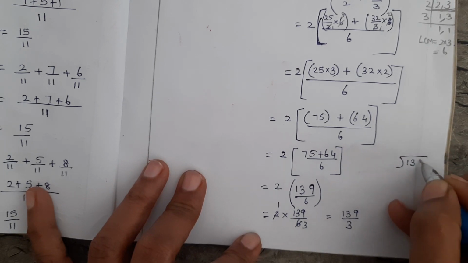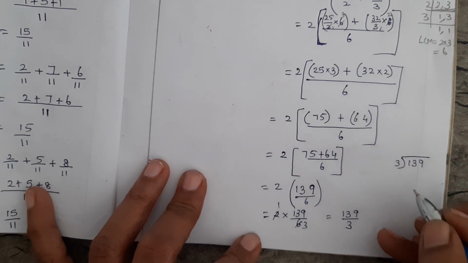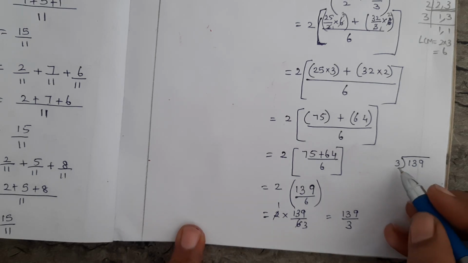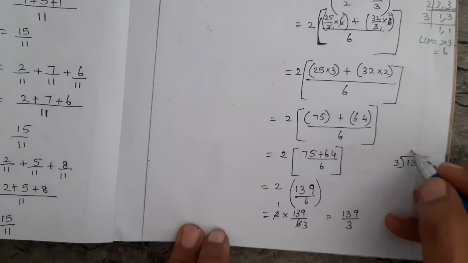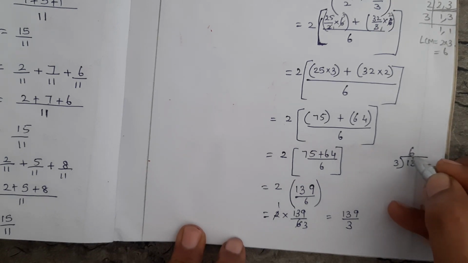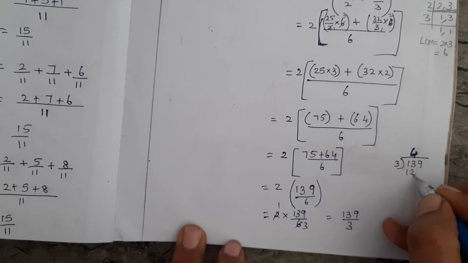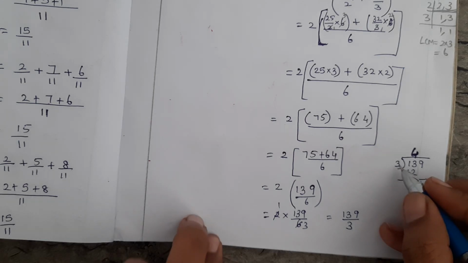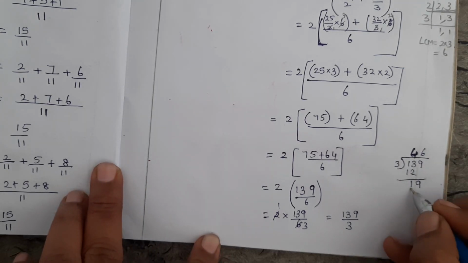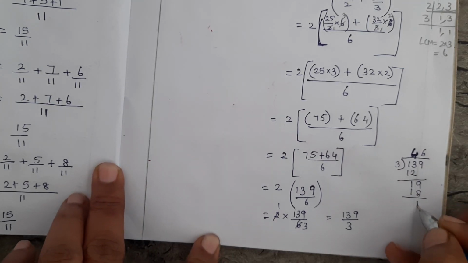So 3 fours are 12, then bring down 9, 3 sixes are 18, so the remainder is 1.